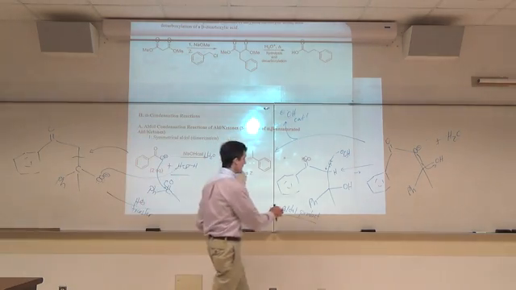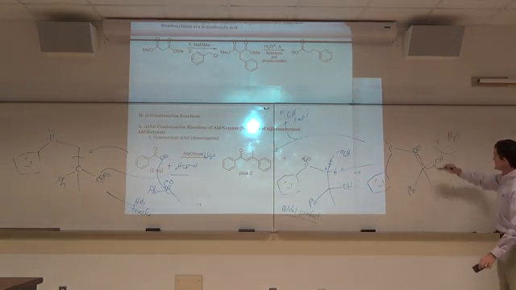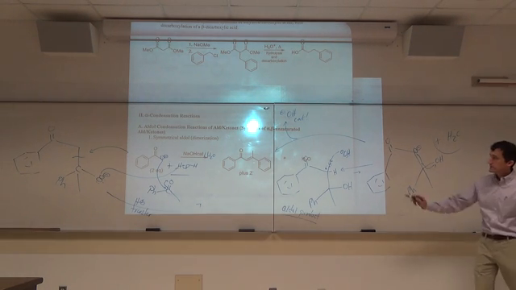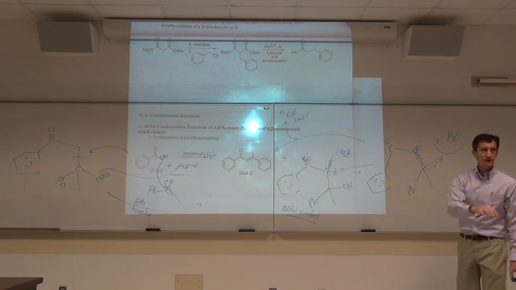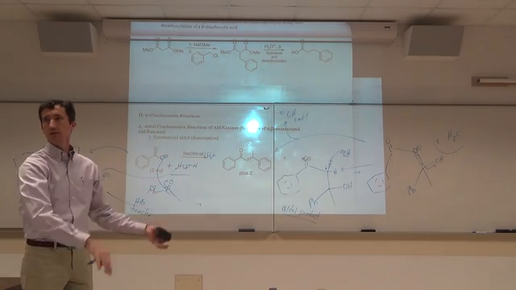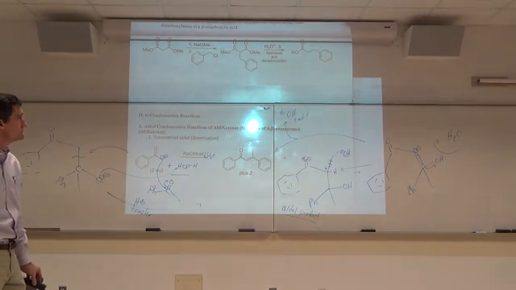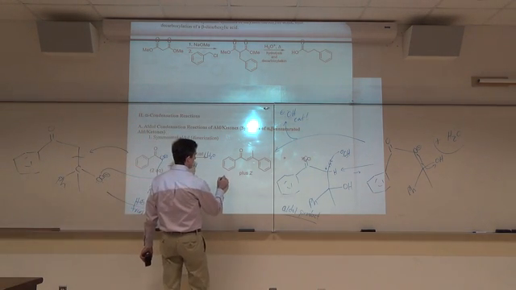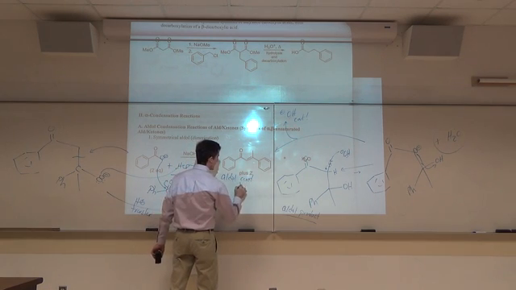Now from here to here, there's the water we made. So we lost water along the way. And that's why it's called condensation, because the water is condensed out. In some cases, in practice, you can actually see it coming out. So this is called the aldol condensation product.